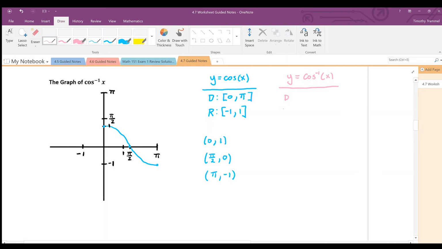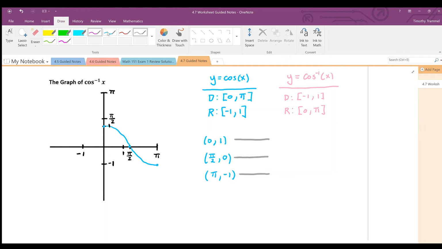So remember, if you are moving from the function to its inverse, you just swap the domain and the range. And similarly, we are going to swap all the x's and y's with these 3 points.